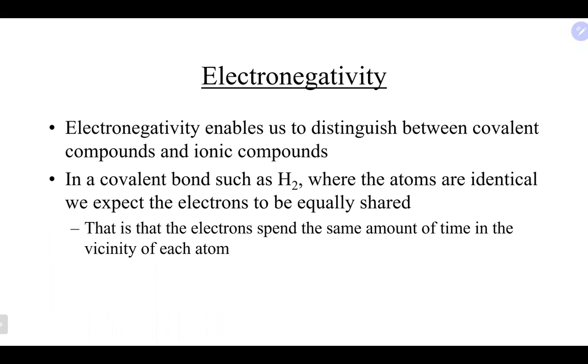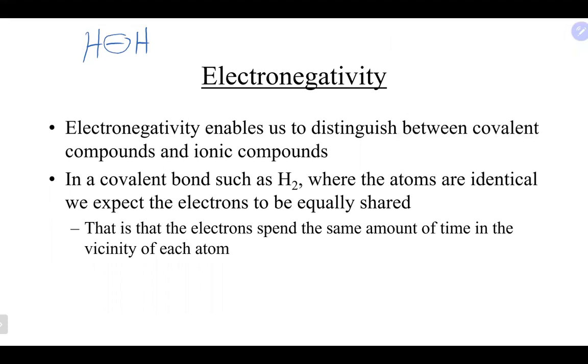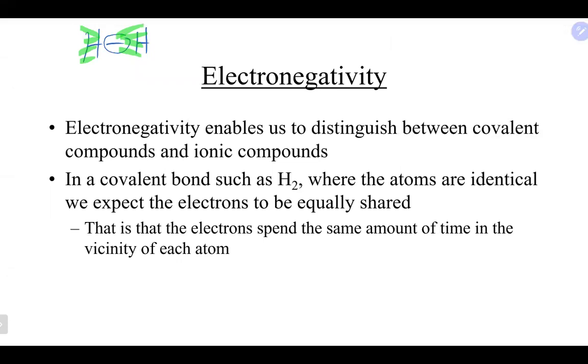But if we had something like hydrogen that we saw earlier, we would expect that these electrons here are going to be shared fairly equally with the hydrogen on the right. If my little lines here are the electrons being shared, the hydrogen on the left, because they're basically the same element, is going to pull those electrons pretty equally.